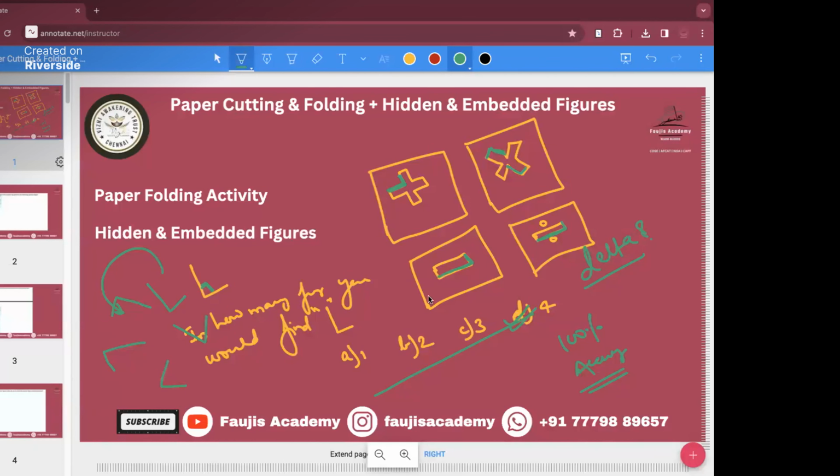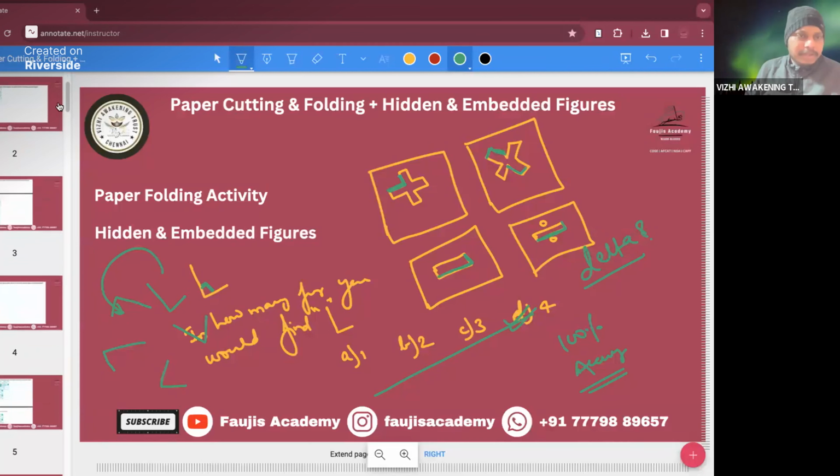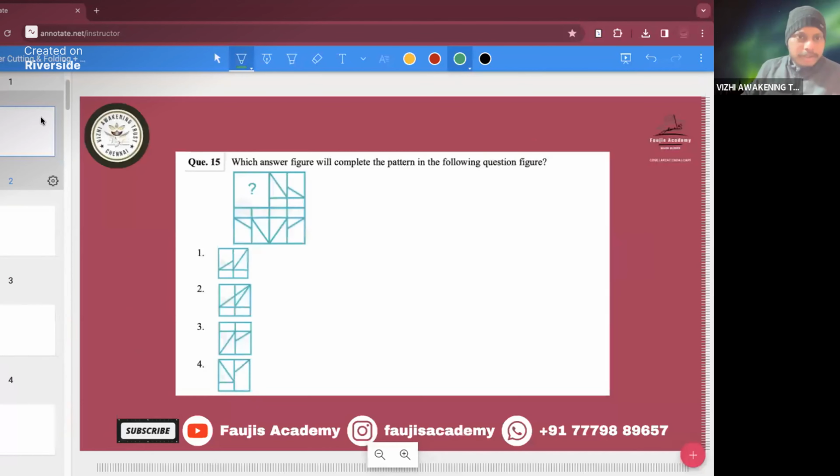If by any chance you have scissors, draw all this and cut out this L part, and you will find L in all 4 of them. Right, boys? Shall we move? Shall we start with the questions? We'll be on the question solving spree for the next 1 hour and 3 minutes, right? Any doubt? Cool. Thank you so much.